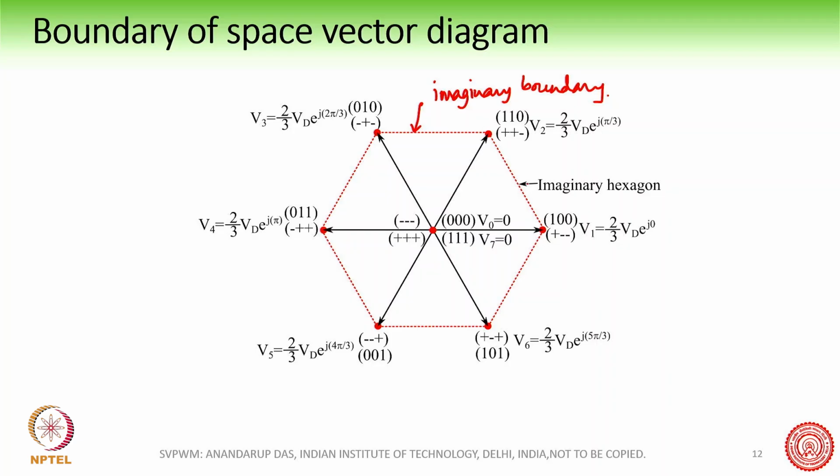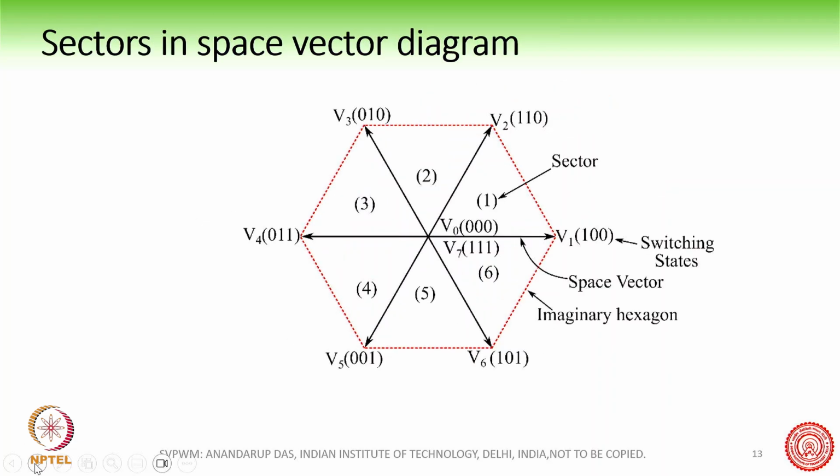And this definitely will look like a hexagon. So this is the hexagonal space vector diagram, in which there are 6 active vectors and 2 zero vectors. Further to that, we can divide this space vector diagram into 6 sectors, and these sectors are numbered in the diagram shown.